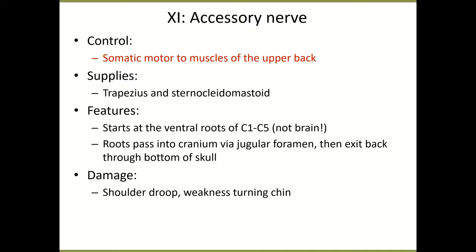Well, you're going to have problems controlling that trapezius muscle and that sternocleidomastoid. You're going to have shoulder droop. You're going to have weakness turning your chin. That's what the sternocleidomastoid muscle does, right? You also might have some pretty intense pain as a result of this too. So that's our accessory nerve.